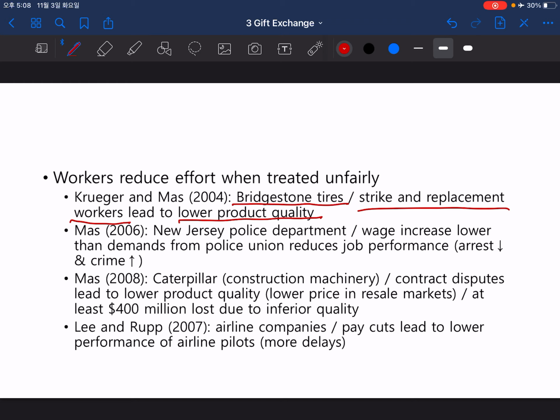Product quality can be measured by defects in tires. So when there is this kind of conflict between workers and employers, they find lower product quality in this company. We can explain this finding by gift exchange ideas. Employers are kind of unfair to workers. Then workers reciprocate by putting in less effort, and this leads to lower product quality.